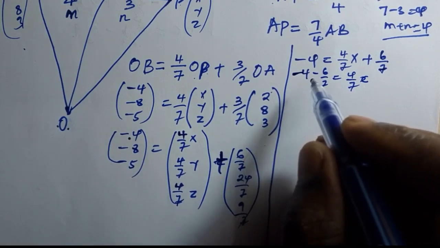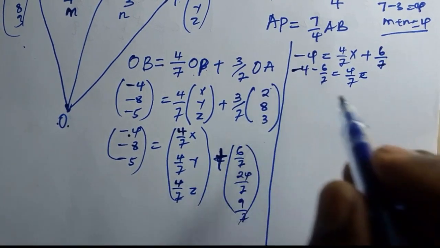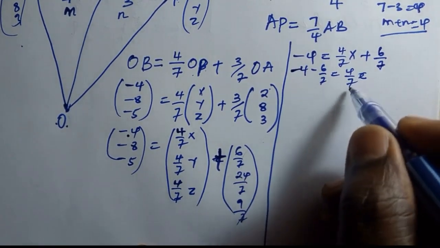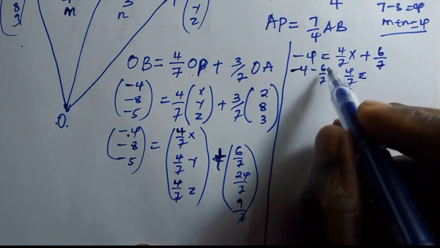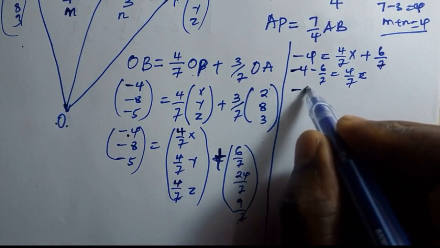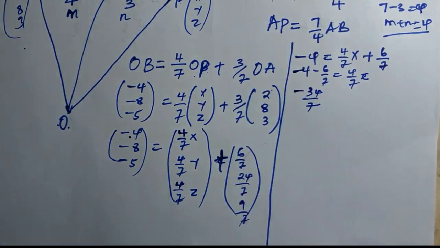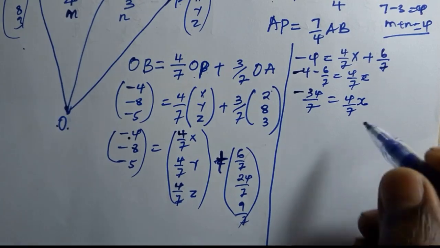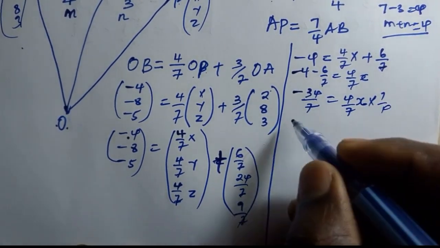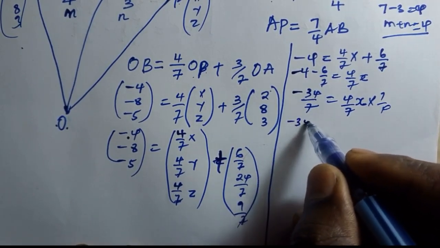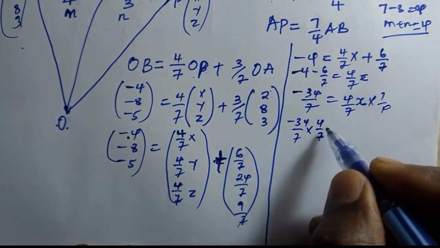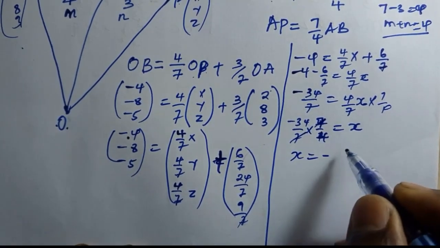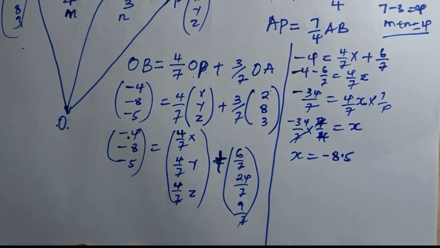You will find that this one is going to be minus 34 over 7, which is equal to 4 over 7x. We want x, so you multiply both sides by the reciprocal, 7 over 4. So negative 34 over 7 times 7 over 4 is the value of x. So x utapata ni negative 8.5.